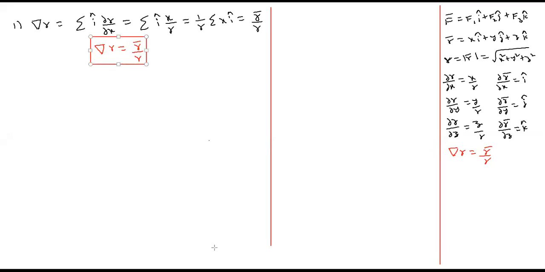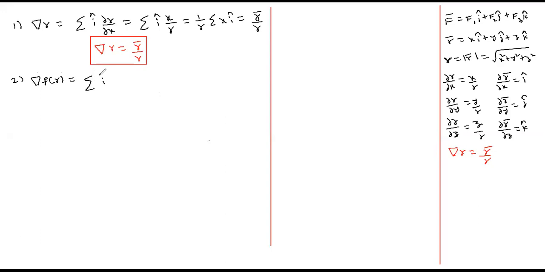Okay, so what will be next? What will be del f of r? If I want to find out del f of r, f is some function of r. So what is this by definition of gradient?